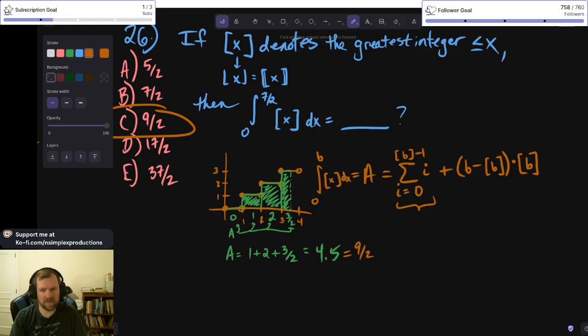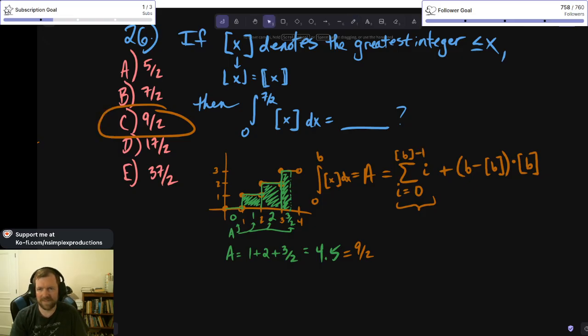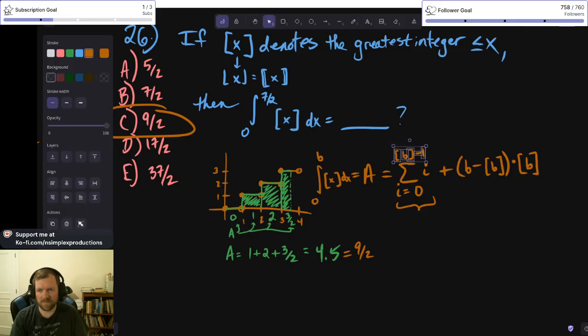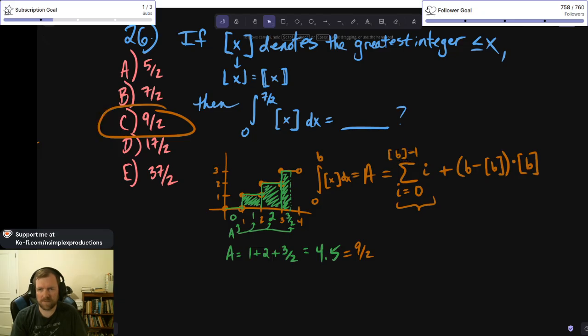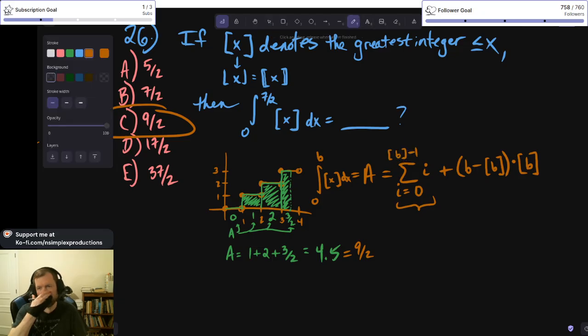Yeah, minus 1. Right. And then this one represents the height that we're getting off of it, which completes the total going from 0 to greatest integer b.